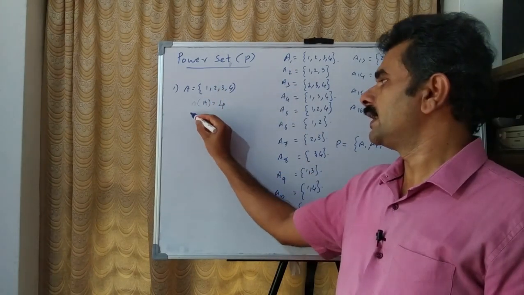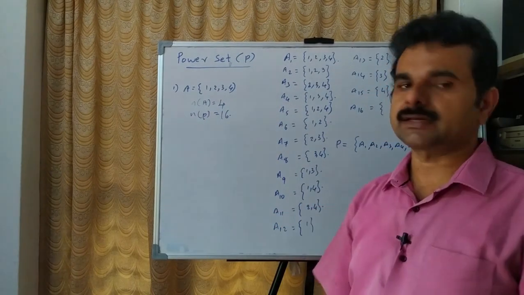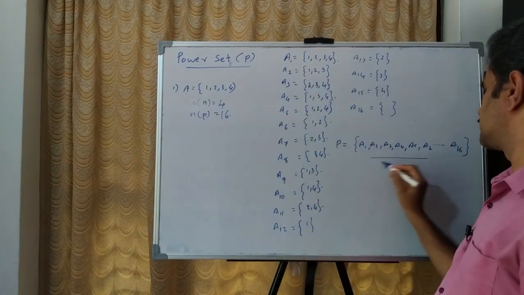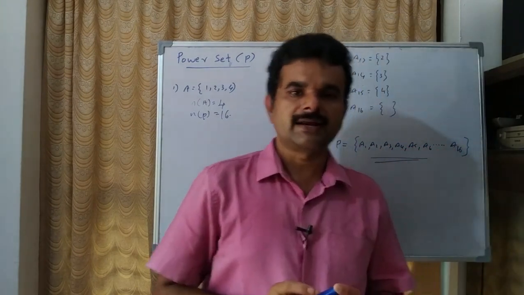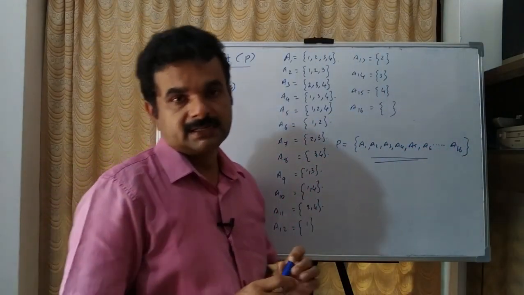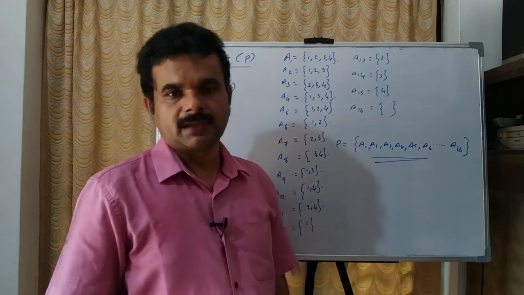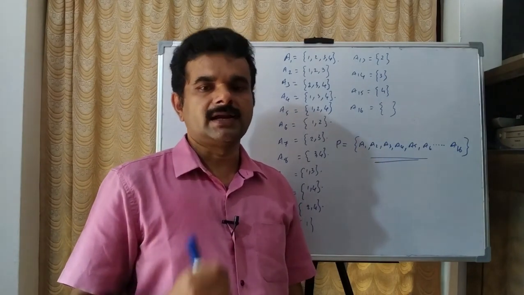The number of elements in the power set is equal to 16. So this is a power set with 16 elements. So what is to be remembered here for writing power sets? You list out all the subsets of a given set by including the improper subset and the null set.